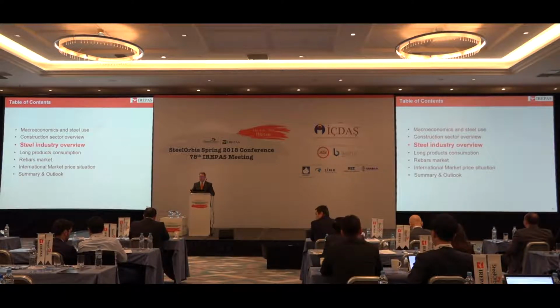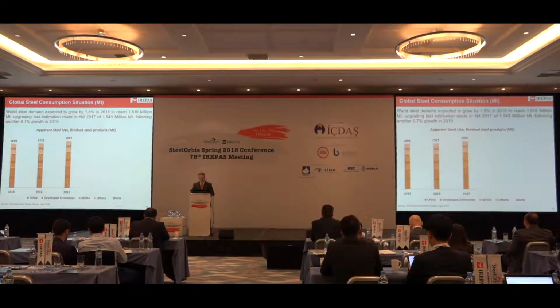Let's see if current figures are confirming the forecast that I made before for this year and the next one. Well, World Steel has recently released its new short-range outlook only last month.